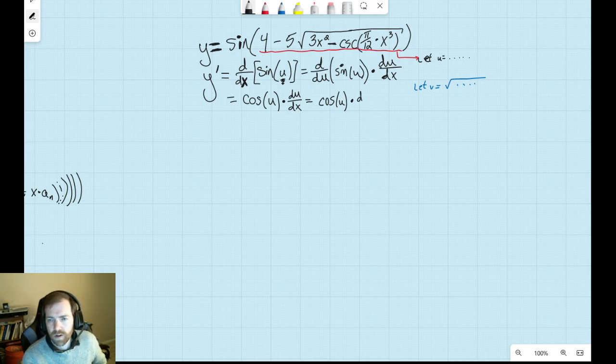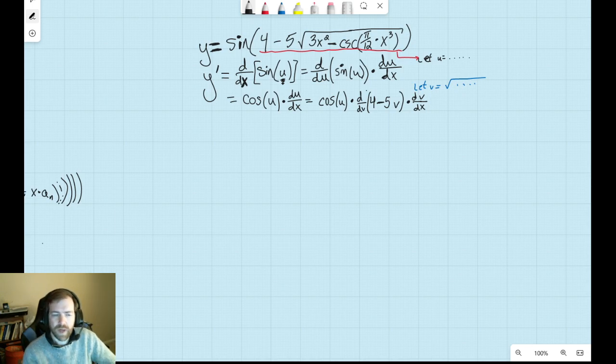So now we want d dv of 4 minus 5v, and then this is going to be multiplied by dv dx.